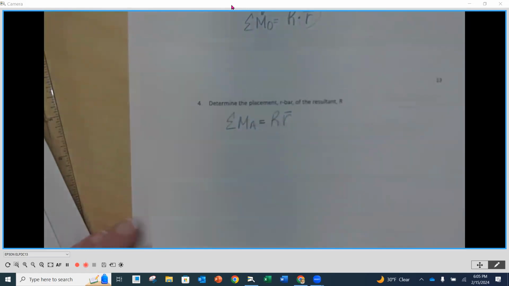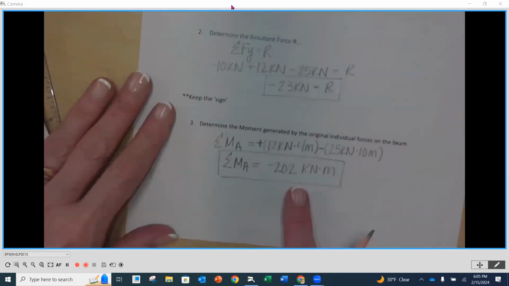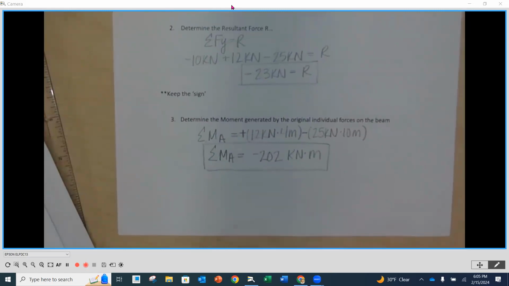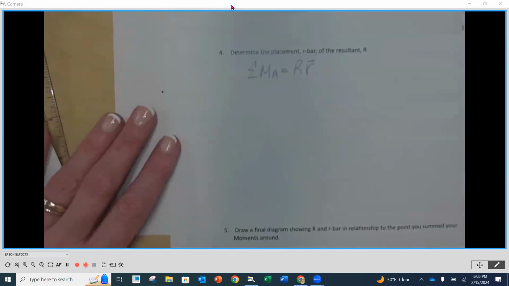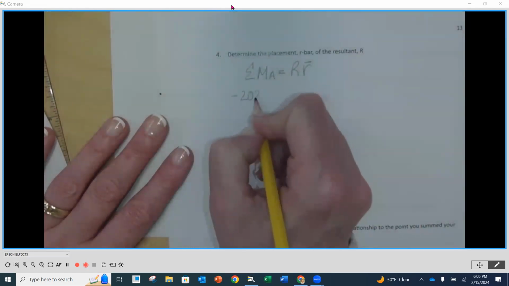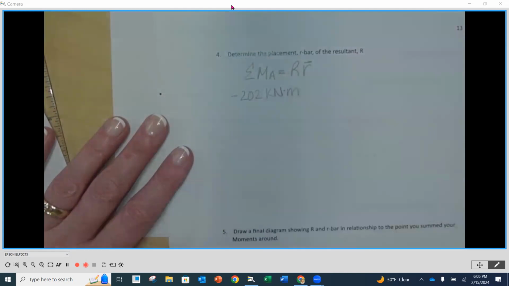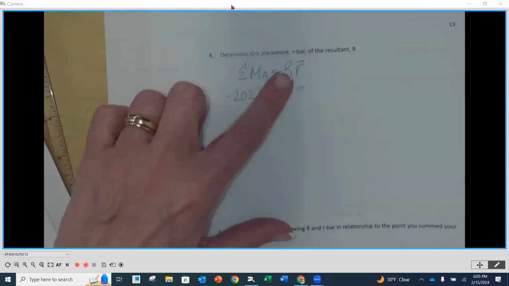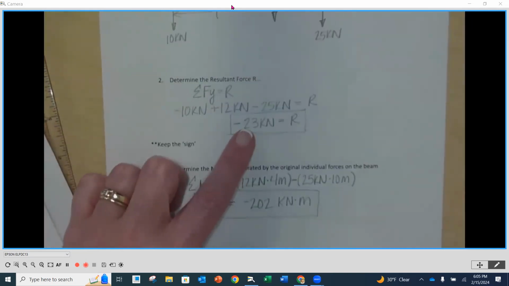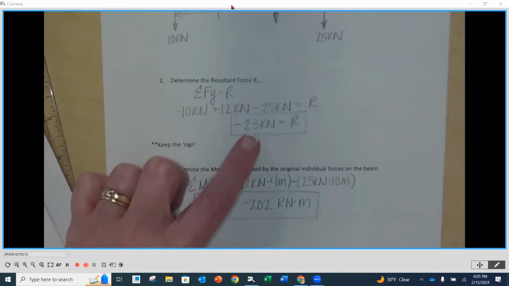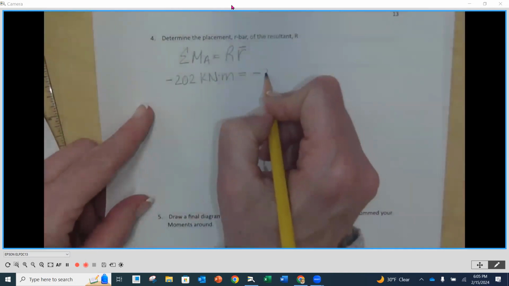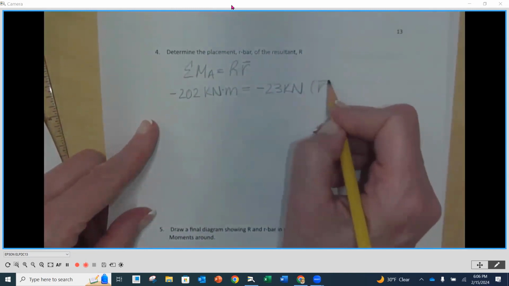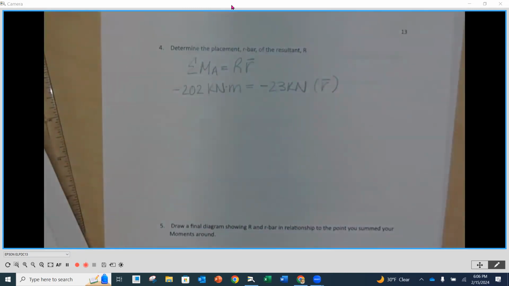Now, from step number 3, we know that the sum of the moments around A is equal to negative 202 kilonewton meters. That's what's going to go right here. So negative 202 kilonewtons times meters. Put your units in here. It's going to be equal to the magnitude of our resultant. We figured that out in step number 2, negative 23 kilonewtons. And then our unknown variable is R bar.